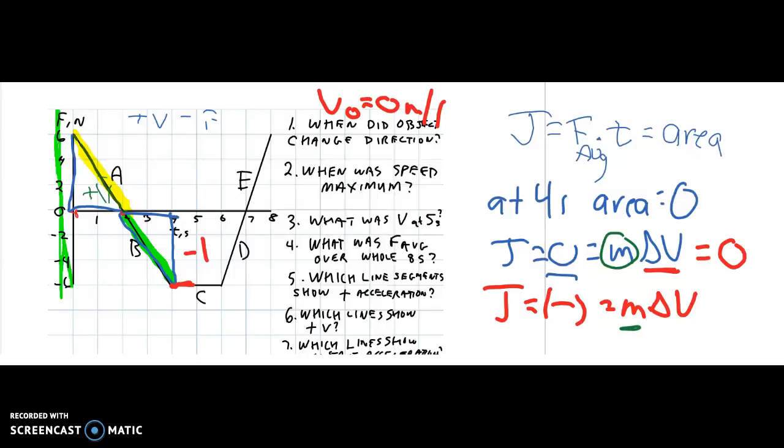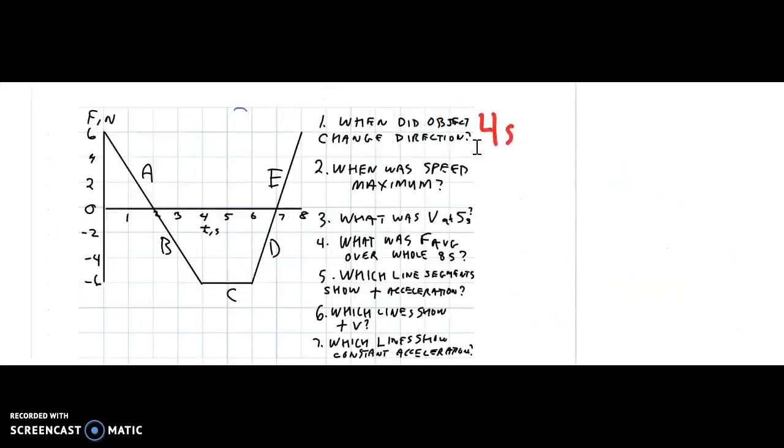So if I have a negative on the left side of my equation, the velocity also has to equal a negative number. Once the velocity is now negative, that is where it changed directions at 4 seconds. Now in question number 2, it wants to know what is the maximum speed.